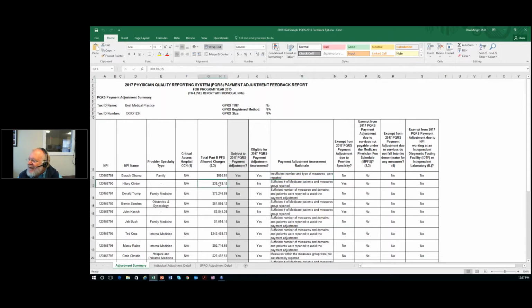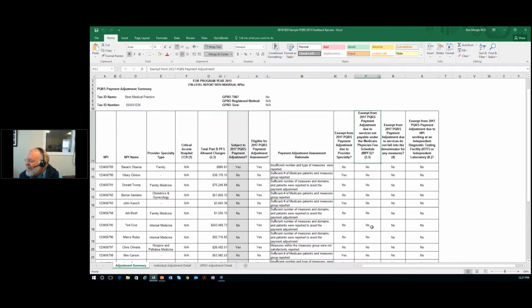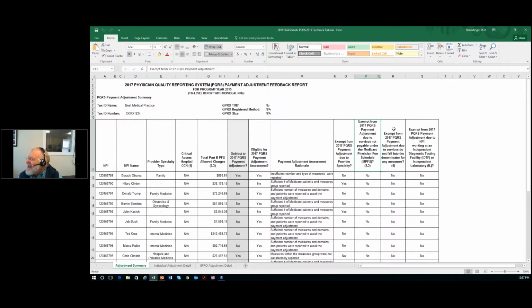This one is not. It says there's a good selection of patients and measures, but this provider is not eligible for the payment adjustment anyway, exempt due to the provider's specialty. And then the list says exempt due to services not payable under physician fee schedule. There's no one that falls under that category. Exempt because they have no services that fall under any measures.